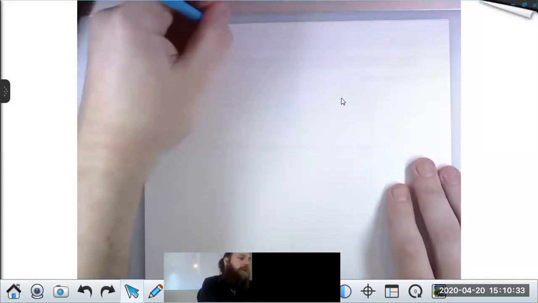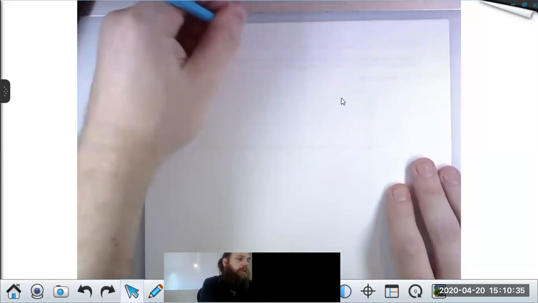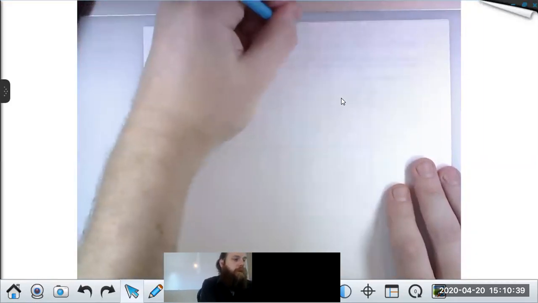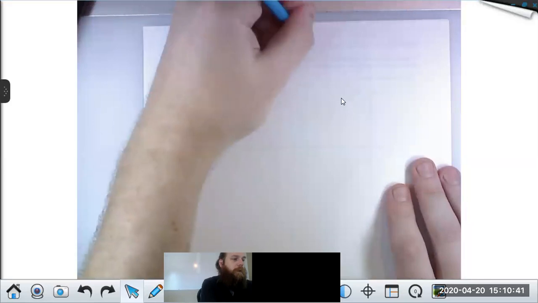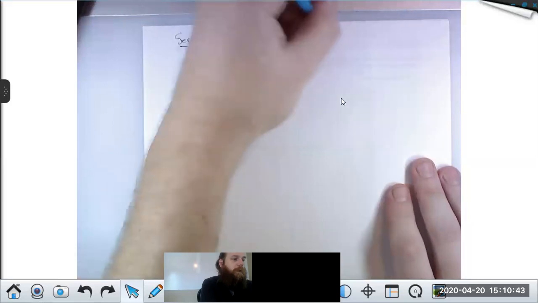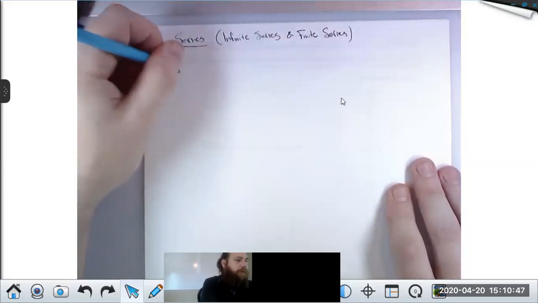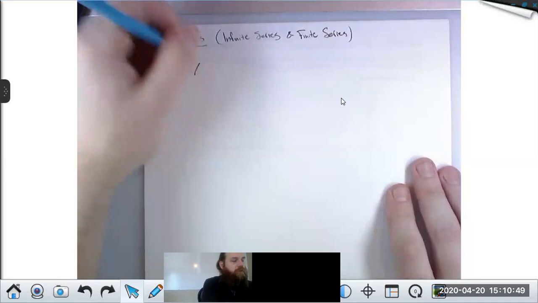We're mostly interested in infinite series, but we're going to start by looking at finite series. And the key to getting comfortable with this is what's called sigma or summation notation.